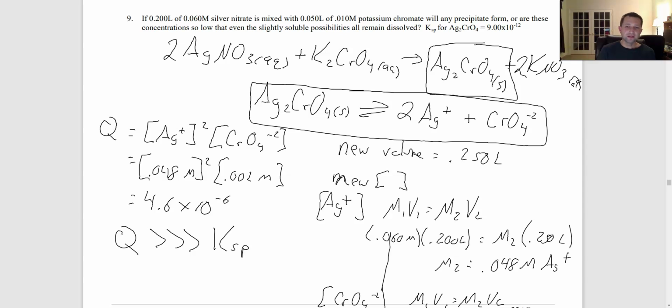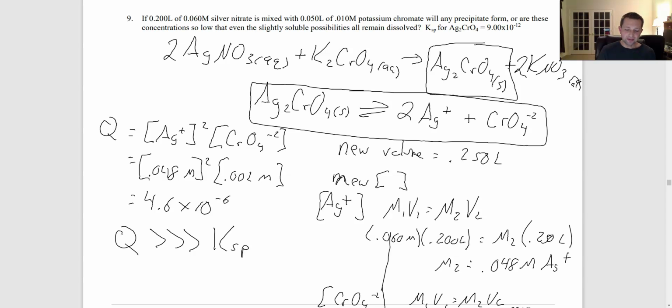If the concentration of silver and chromate was really small, they would stay dissolved and no solid would be formed. But what we want to do is see if this solid will be formed. That only is going to occur if we have too many of these ions right here. So Q is way larger than KSP, and that's looking at this equation here.